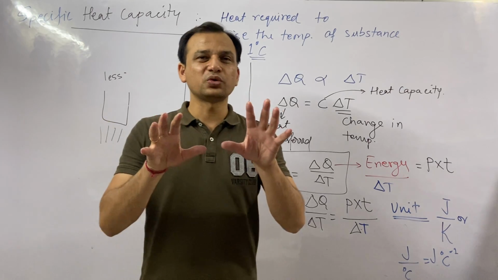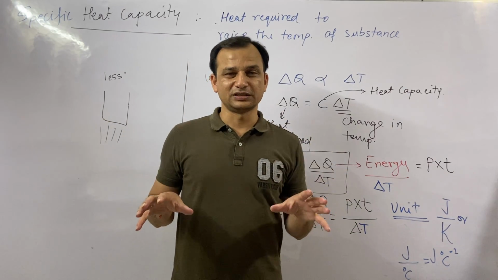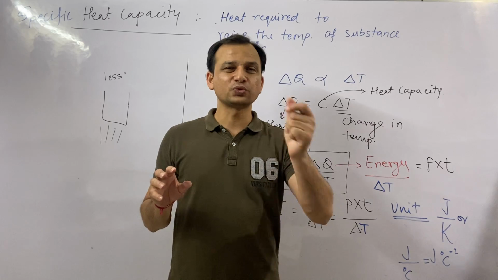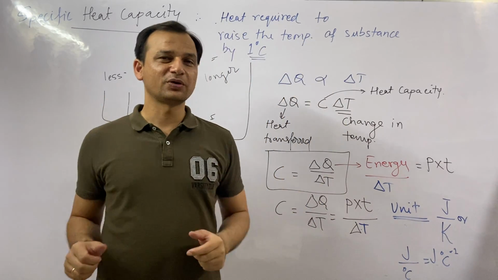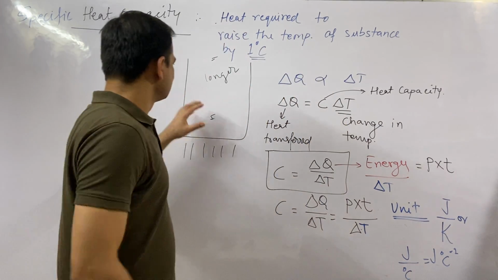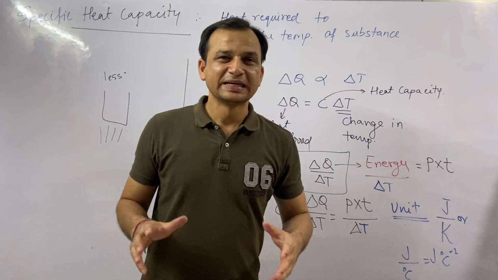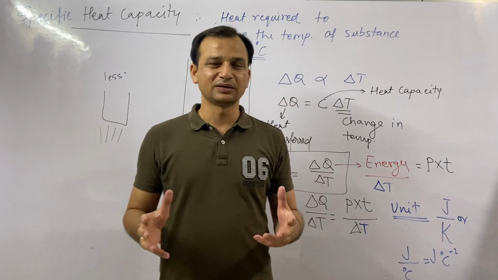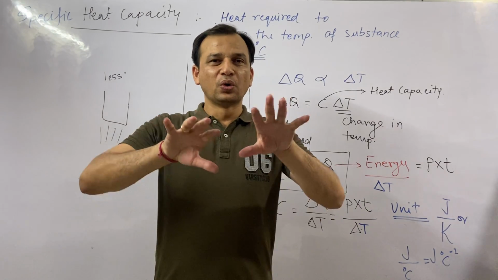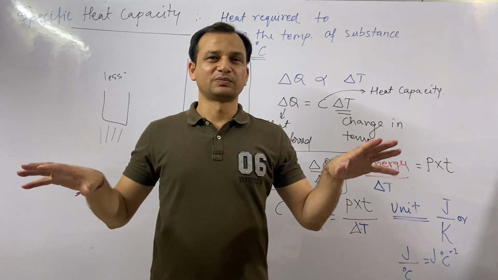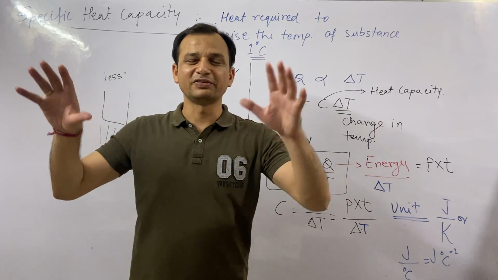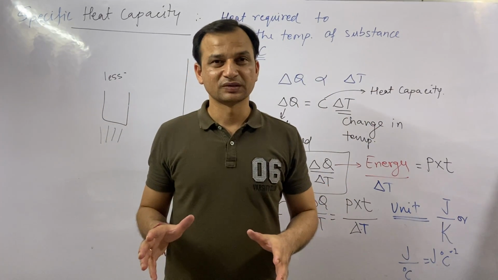If you want to compare substances and know which one is a better absorber of heat, then this is quite tricky. You won't be able to know, because comparison can be done between two equivalent things, those having the same characteristics, right?